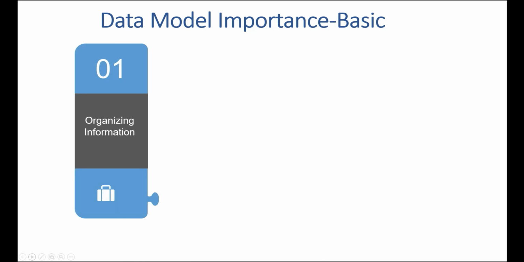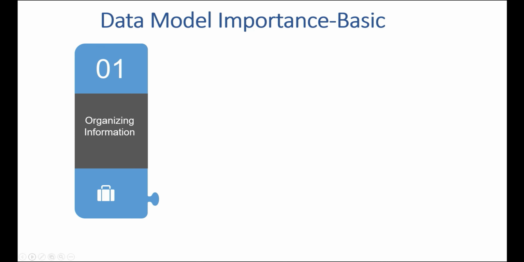We'll see them one by one. The first one is organizing the information. A data model organizes and structures data in a way that reflects real world entities, relationships, and constraints. It provides a blueprint for how data should be stored, accessed, and managed within a system.